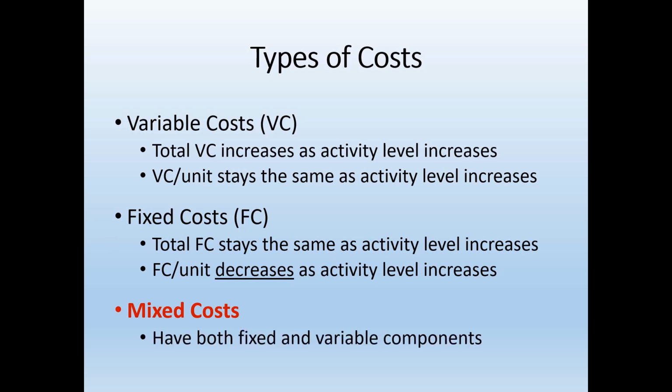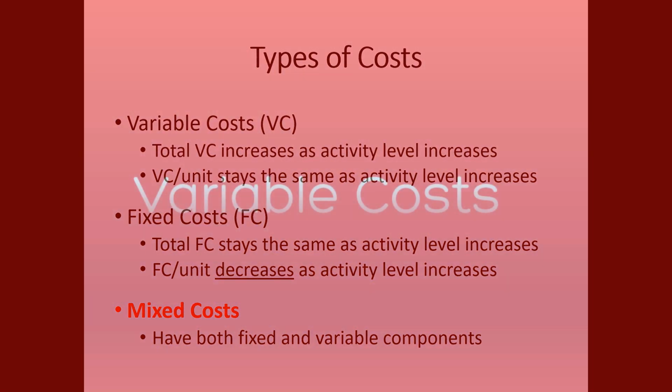These costs are called mixed costs because they have both a fixed and a variable component. Let's take a closer look at how costs in each of these categories behave.